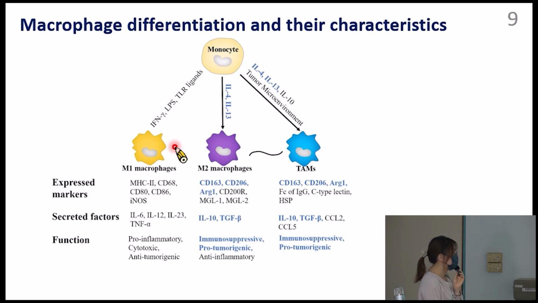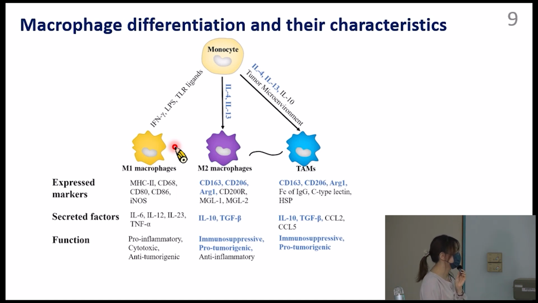And this kind of macrophage can secrete some pro-inflammatory cytokines such as IL-6 or TNF-alpha, and these cytokines can promote inflammation and activate the whole immune system to kill the target, like pathogens, in general.